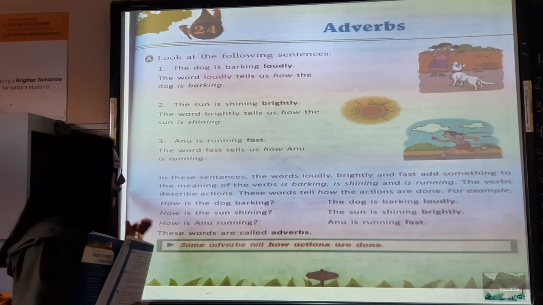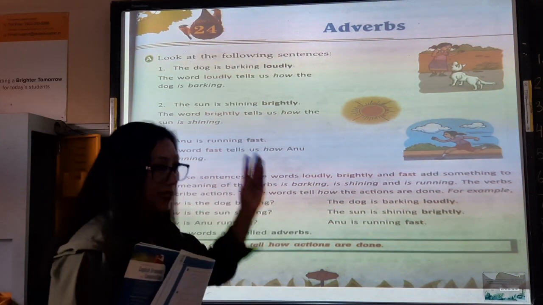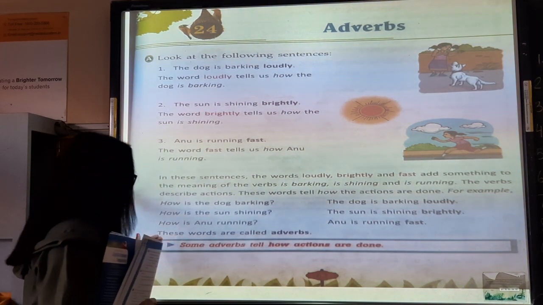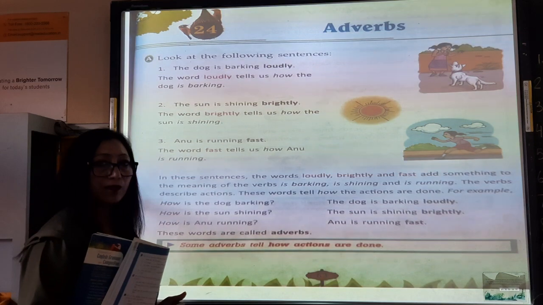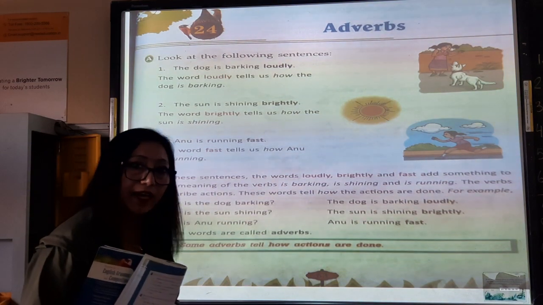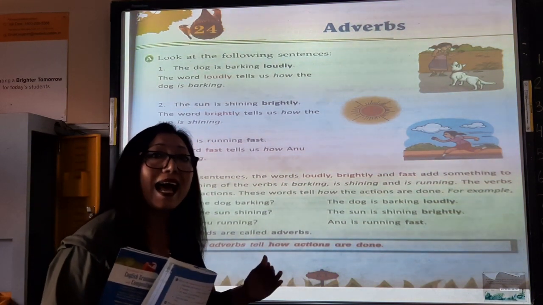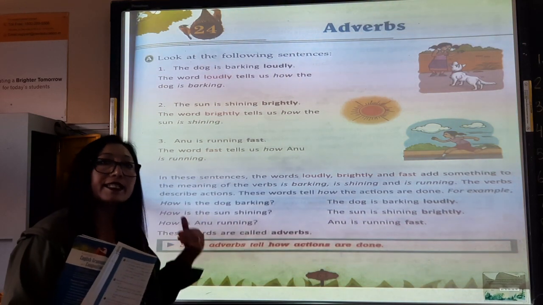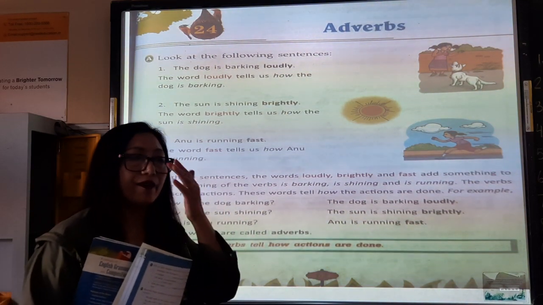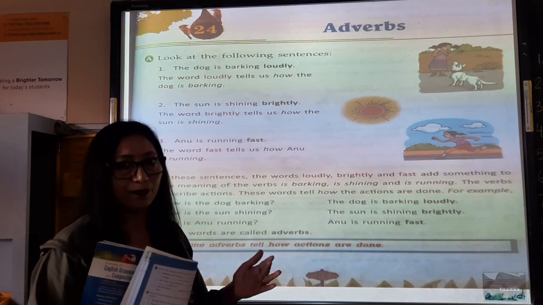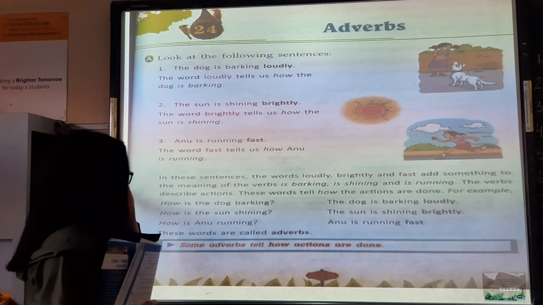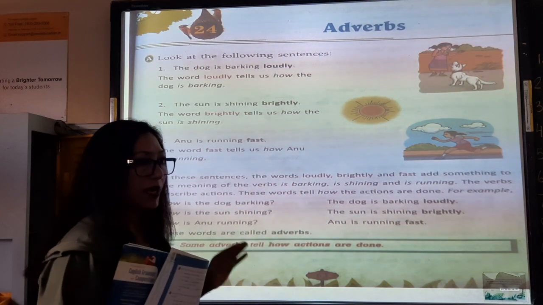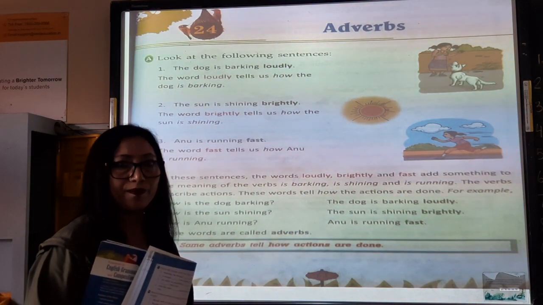Okay? So, these words loudly, brightly, fast are adverbs. What are they? Adverbs. They add to the meaning of the verb. They tell us how a verb is done, like is barking, is shining, is running is done.